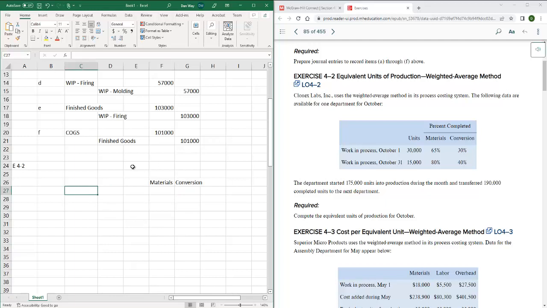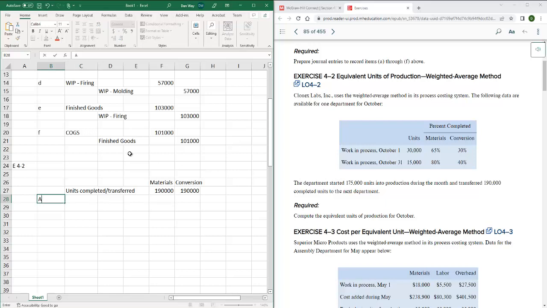So for equivalent units of production, we always start with the units completed and transferred because those things are 100% done with respect to everything, right? Otherwise they wouldn't be transferred out of the department. So always counting those at 100%. In this case, we were explicitly told 190,000 units were completed and moved on to the next department. So with respect to materials and conversion, that's 190,000 in each case.